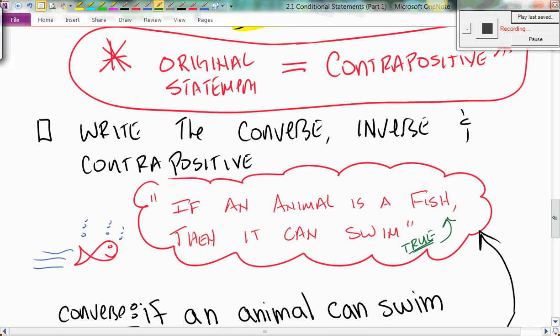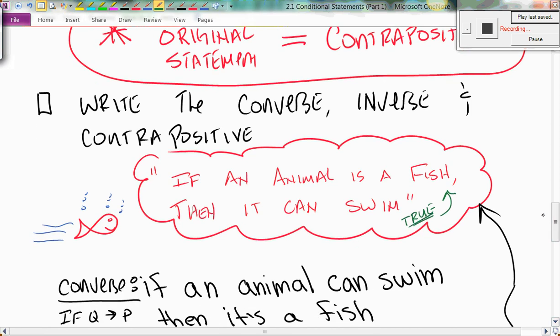All right, then I gave this example for us, and we had a great debate in class today about this. The original conditional statement said: if an animal is a fish, then it can swim. We actually looked up the definition of swim, and it meant propelling through water by use of appendages.